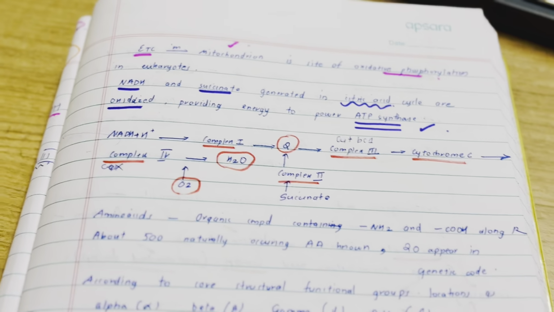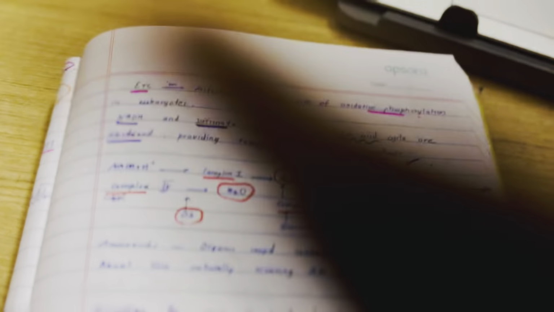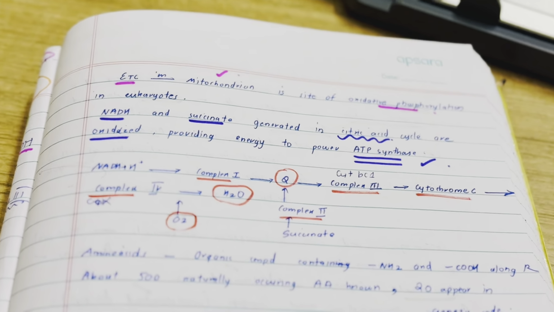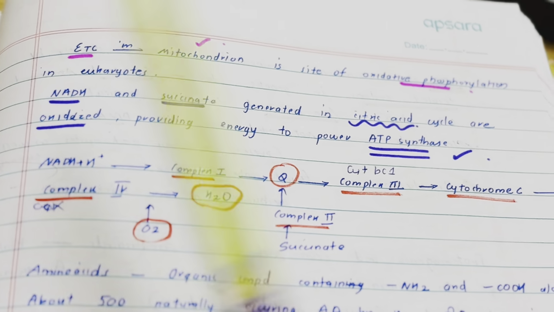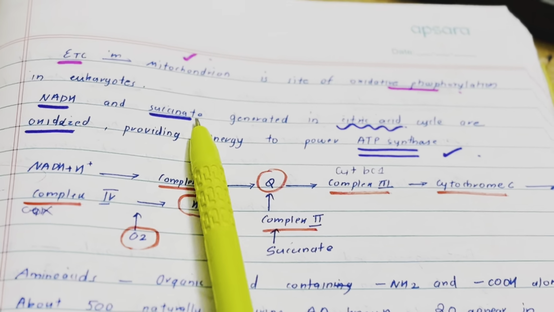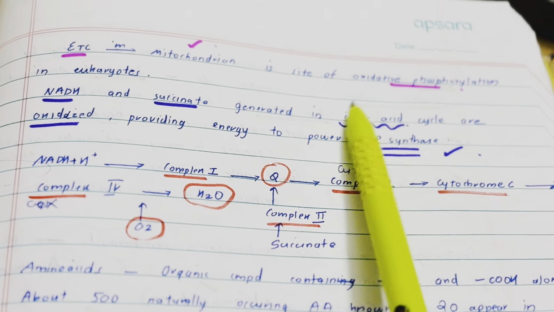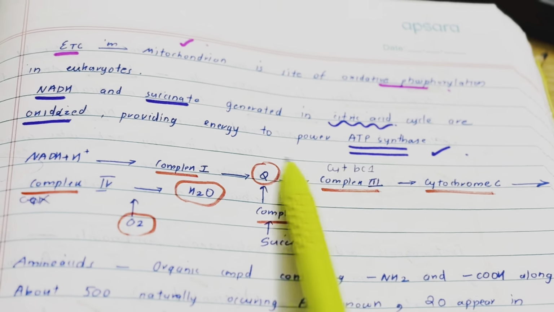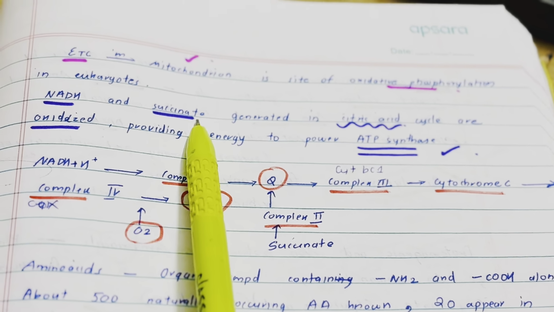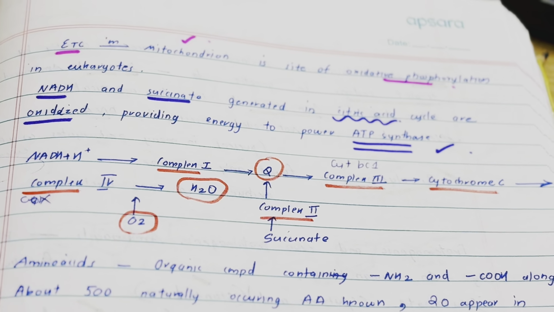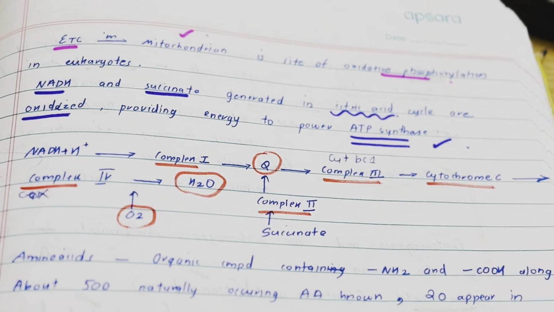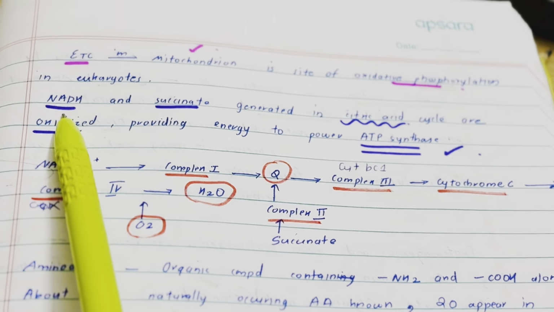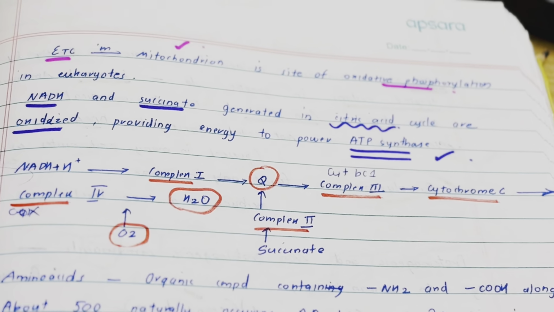Now, the electron transport chain in mitochondria is the site of oxidative phosphorylation in eukaryotes. The NADH and succinate generated in the citric acid cycle are oxidized, providing energy to power ATP synthase. Succinate is where we have seen complex 2, which is succinate dehydrogenase, and NADH is the carrier of electrons to complex 1.